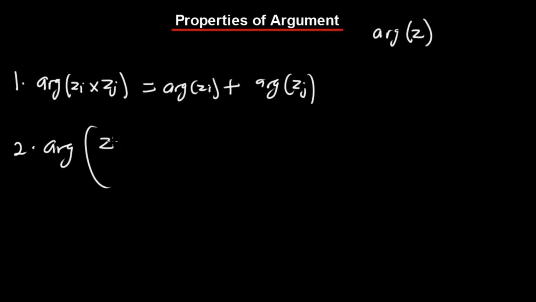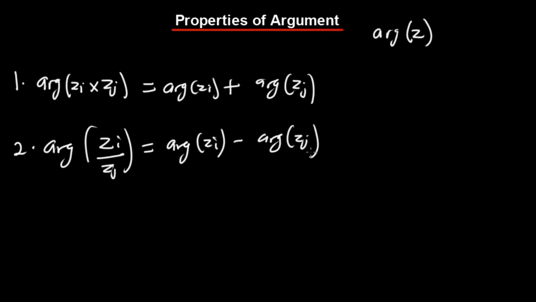Oh, that's too big. I'm going to clean this off. So arg z_i over z_j is equal to arg z_i minus arg z_j. So what this means is that if you have two complex numbers z_i and z_j, and we multiply those two complex numbers by each other and take the argument, it's also the same thing as finding the argument of z_i and adding it with the argument of z_j.